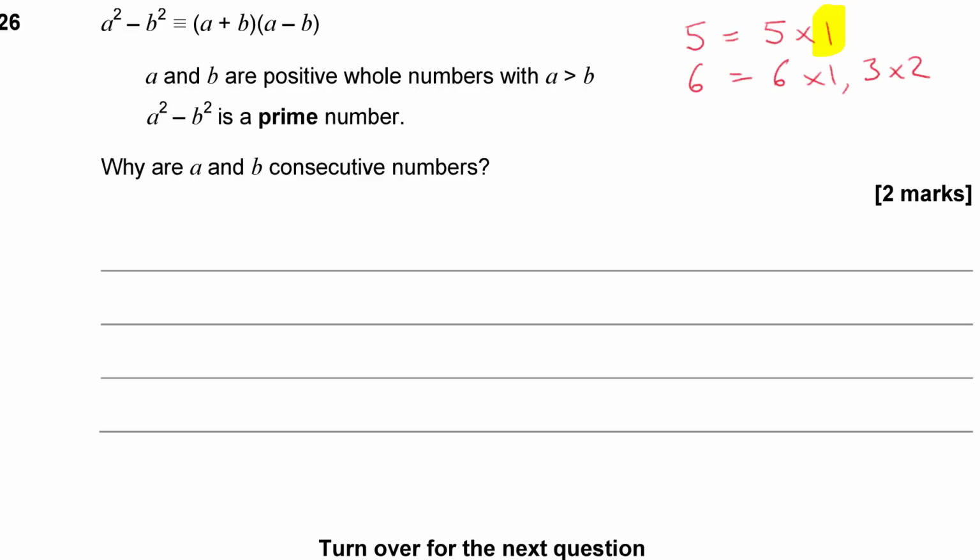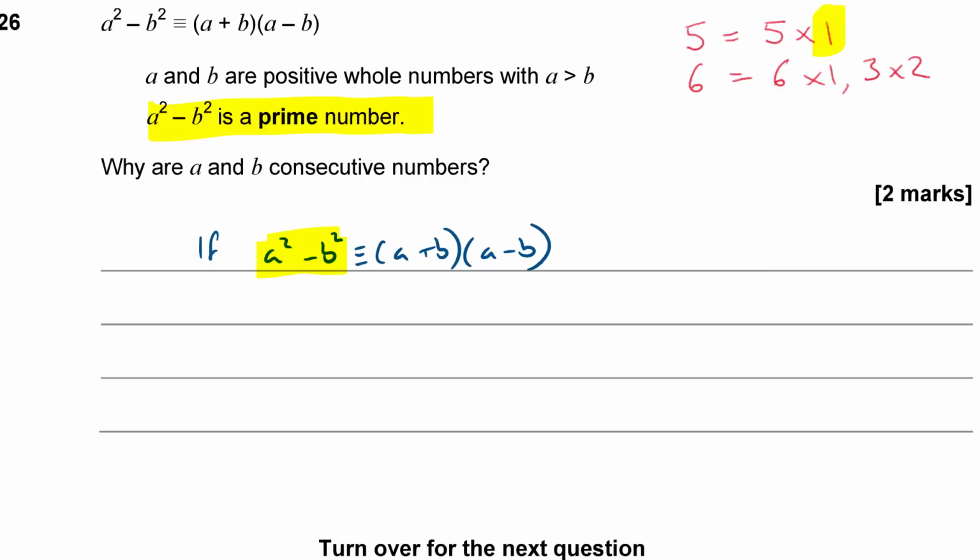We've got a squared minus b squared, which is identical to a plus b times a minus b, and we're saying that this a squared minus b squared is a prime number. So if this is prime, then one of a plus b and a minus b must be the number 1.